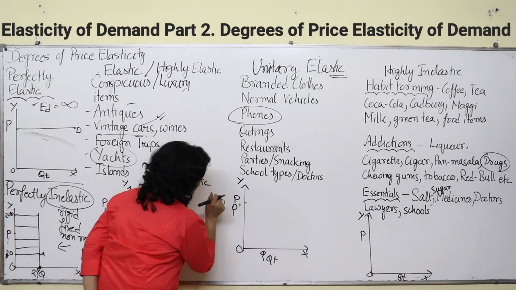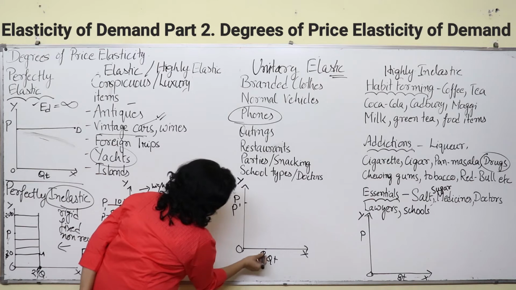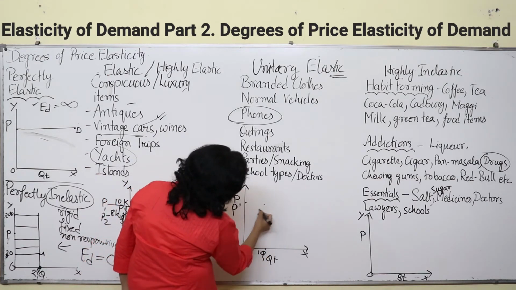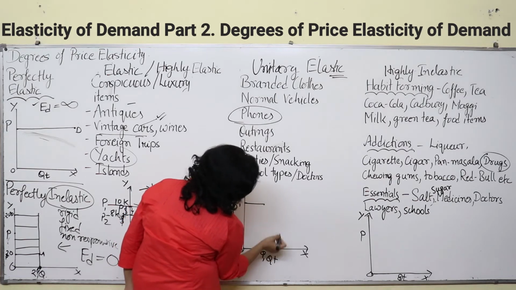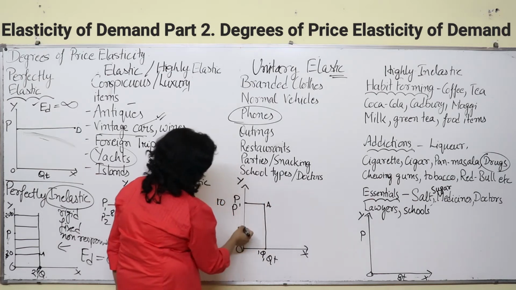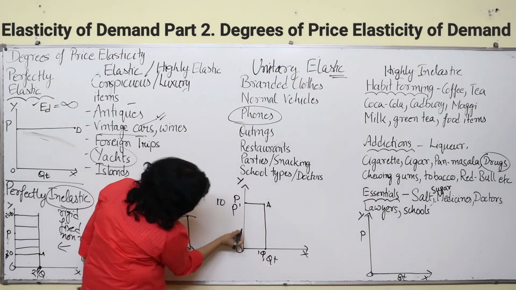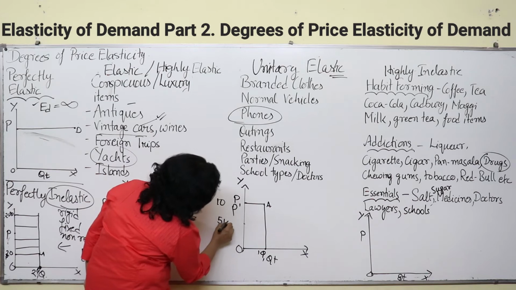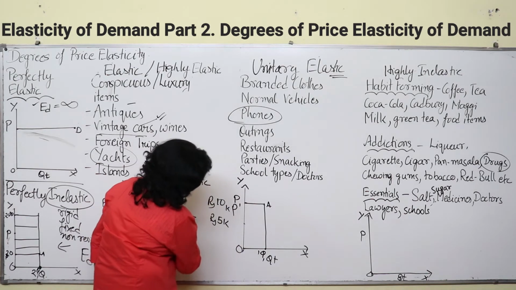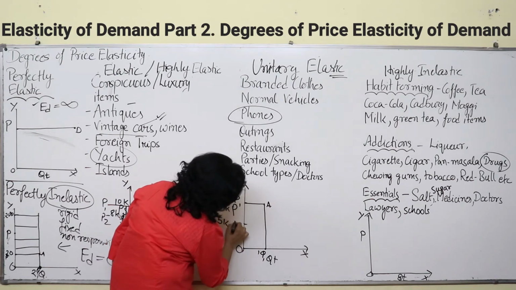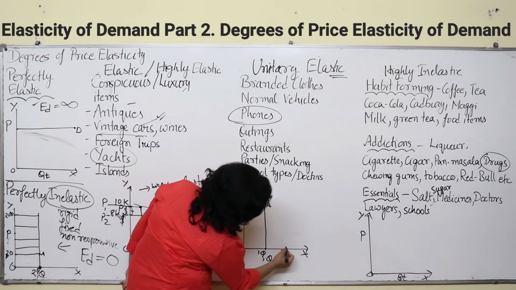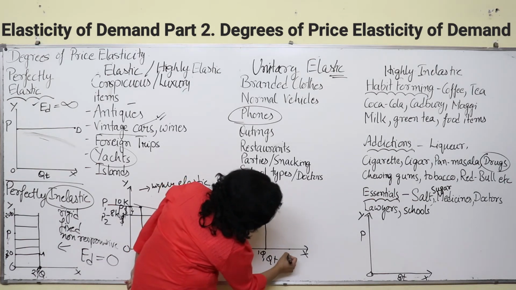Maybe at this price it is, suppose, 10,000. At this 10,000 you are demanding only 1 cell phone. Okay, at rupees 10,000 you are demanding only 1 cell phone, and this is the point A over here. And now if the price falls to 5K rupees, Indian currency INR, at this P2, you increase your quantity demanded to 2 cell phones.